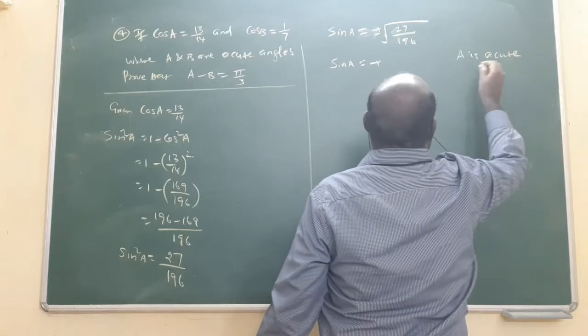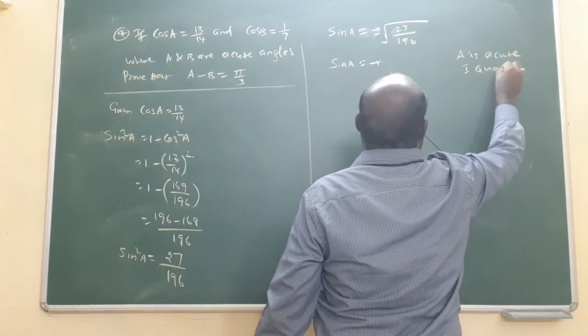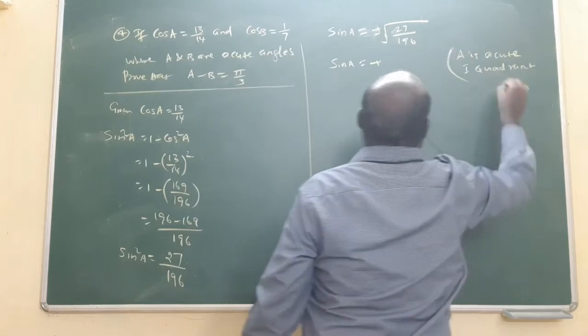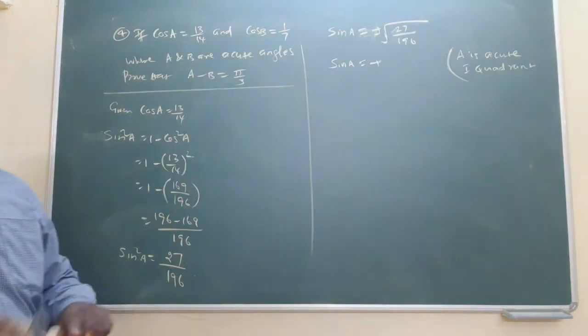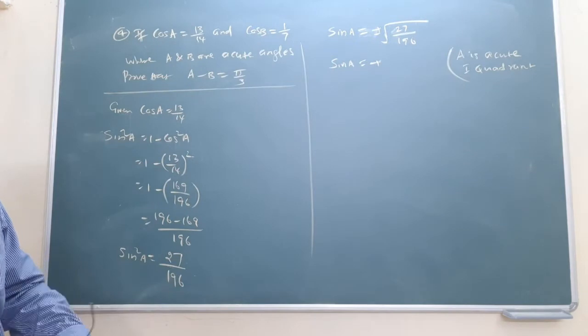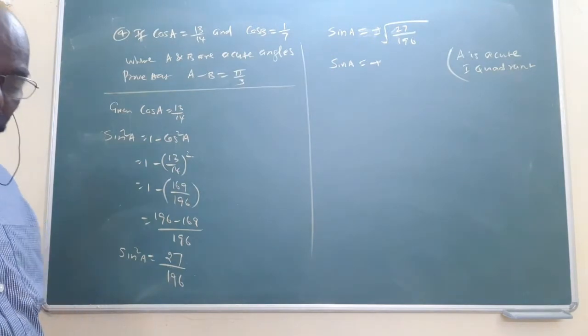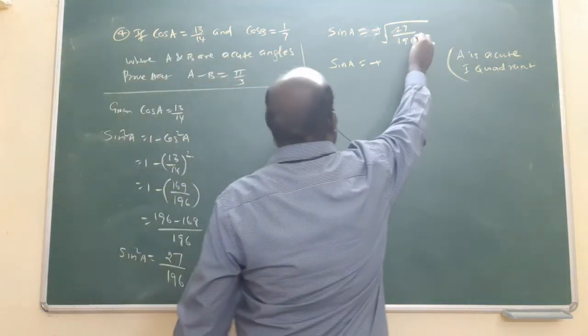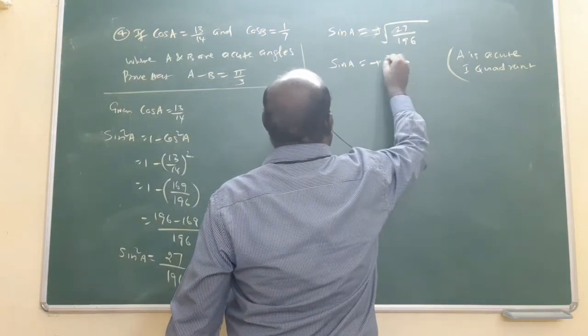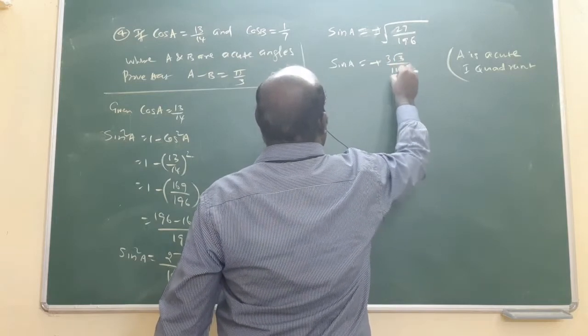Acute angle means what? First quadrant. In the first quadrant all are positive. That's why you will consider only the positive sign. Root of 27 is what? 9 into 3. Therefore, 3 root 3, by square root of 196, which is 14. Am I right? 3 root 3 by 14 is the answer.